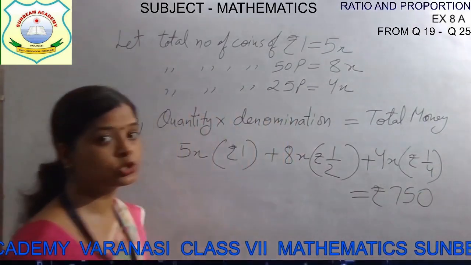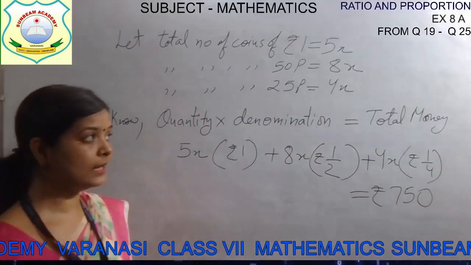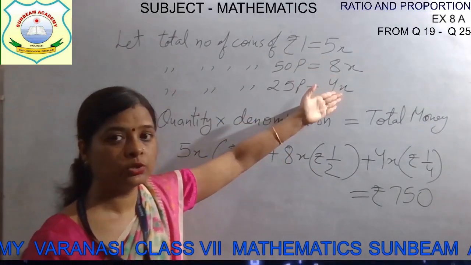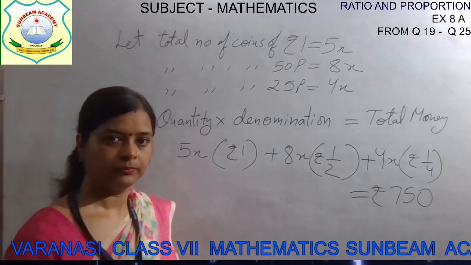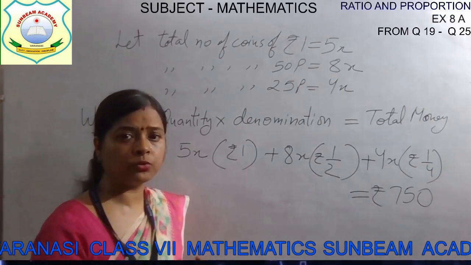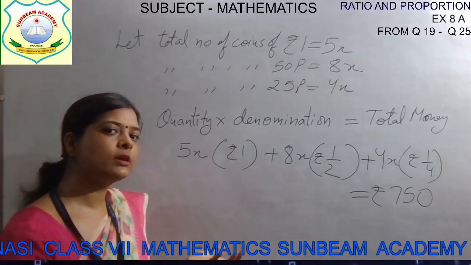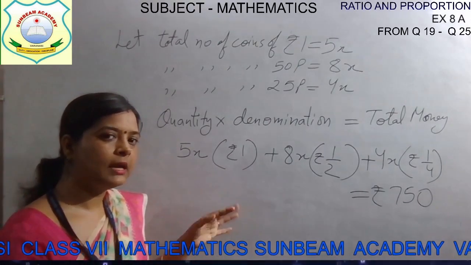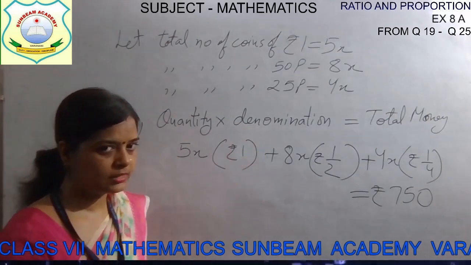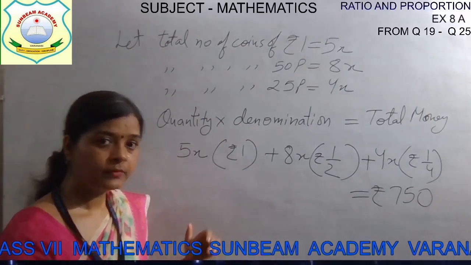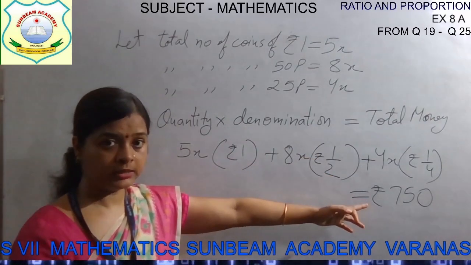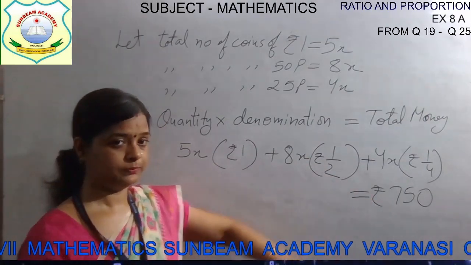Children, in this case the total is given, so we can add all the ratios to find our value. If in a ratio question the total is given and the ratio is given, then you can just attach a variable x, y, z, whatever. I am attaching x with that ratio, adding them and equating it with the total value.